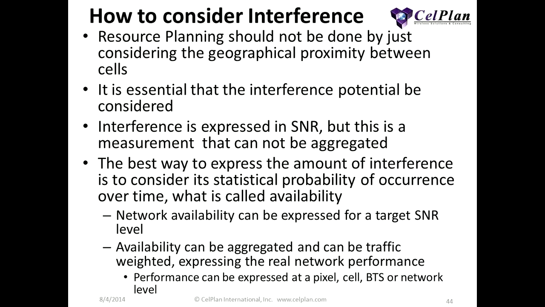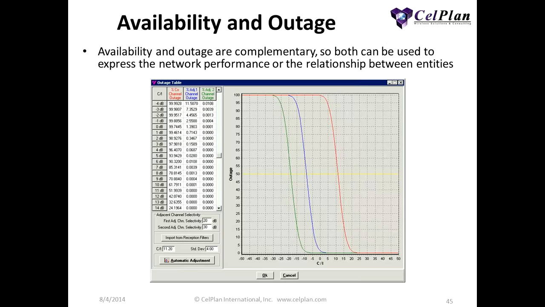I think it was in webinar 3 that we covered this, and what we did is we said we need to consider interference as a statistical distribution. Basically we analyze, for a certain SNR, what percentage of time or traffic we are below it or above it. This gives us what we call availability or outage.